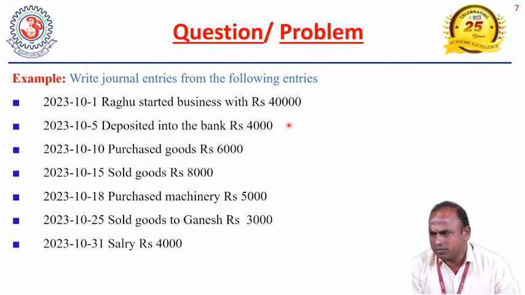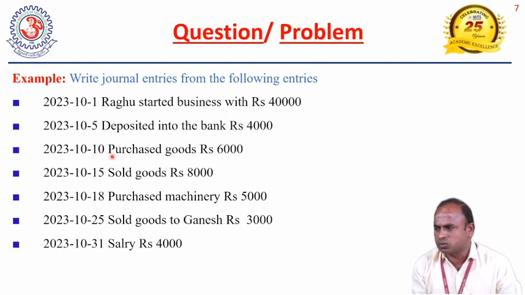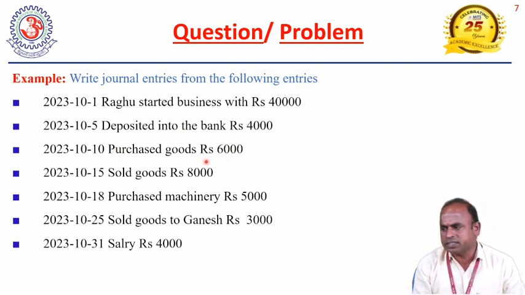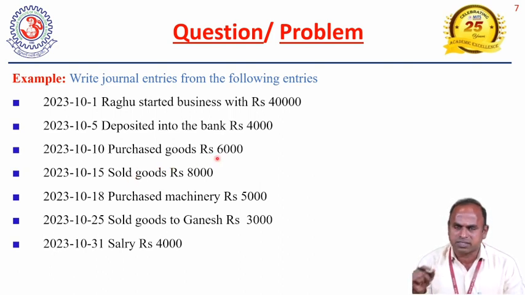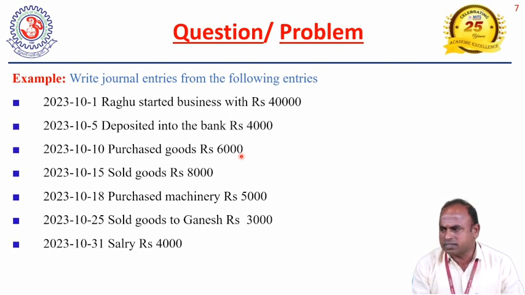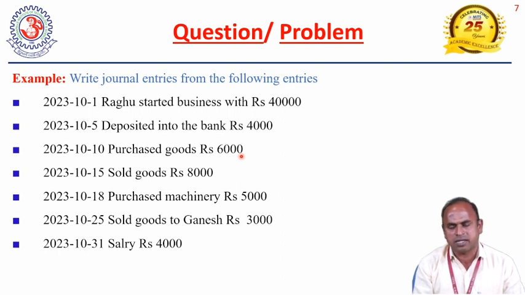The third one, 2023 October 10th, purchased goods rupees 6,000. So in this transaction also, two aspects are there. One is purchase, another one is cash. So it is a cash transaction. Cash is one aspect, purchase is another aspect. The purchase is a nominal account, cash is a real account.